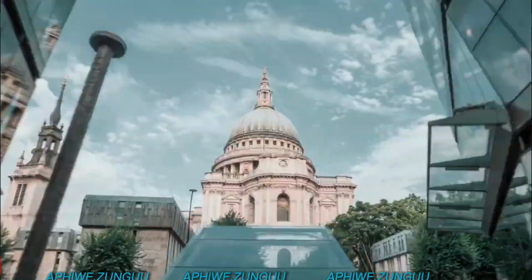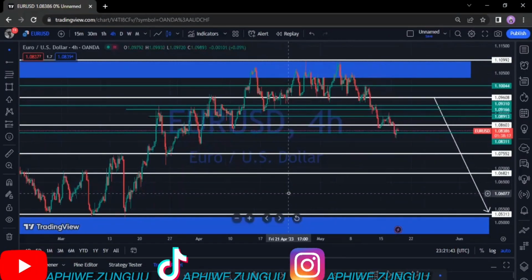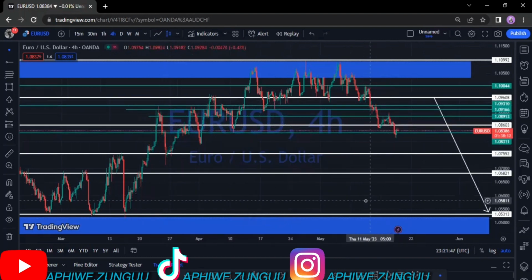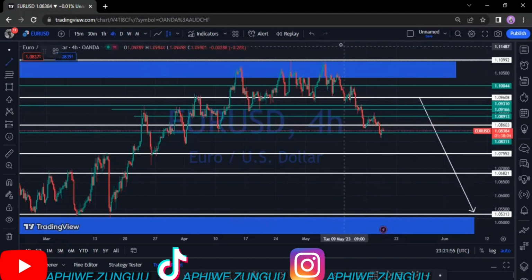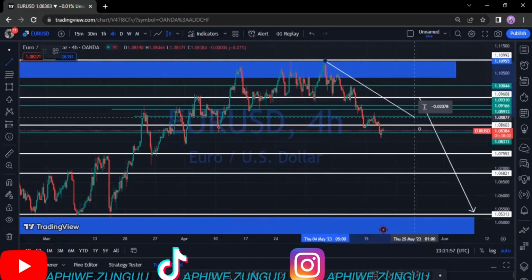Okay, back to our current chart. We can see that I've marked out pretty much everything. The green lines are for the 4 hour and the white lines are for the daily. As I told you guys, we're in a bearish trend.